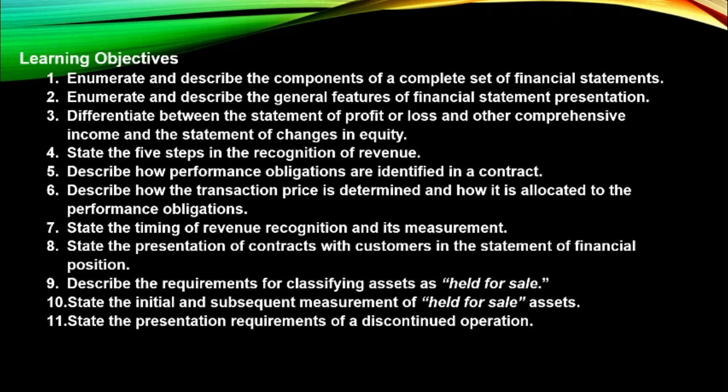Differentiate between the statement of profit and loss and other comprehensive income and the statement of changes in equity. State the 5 steps in recognition of revenue. Describe how performance obligations are identified in a contract. Describe how transaction price is determined and how it is allocated to the performance obligations.